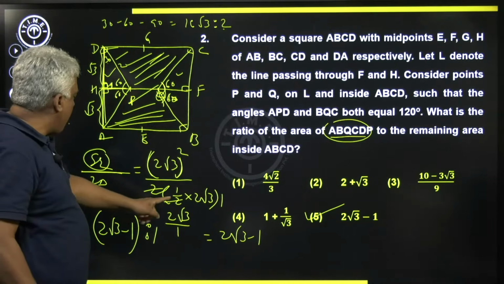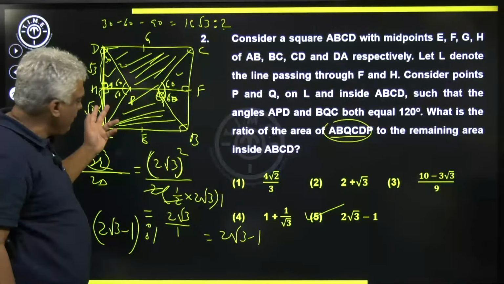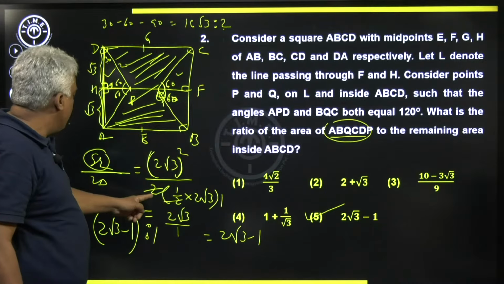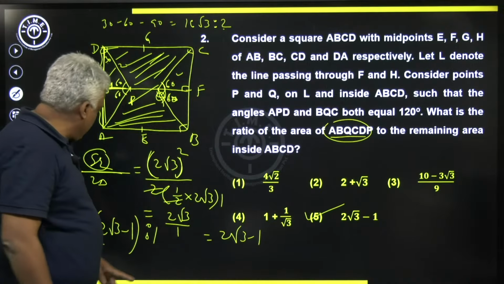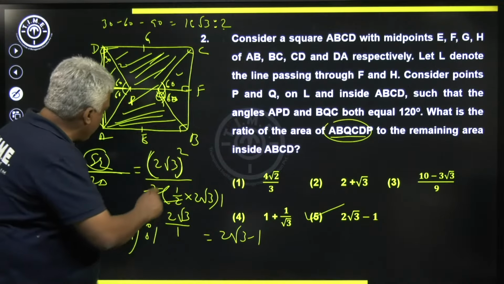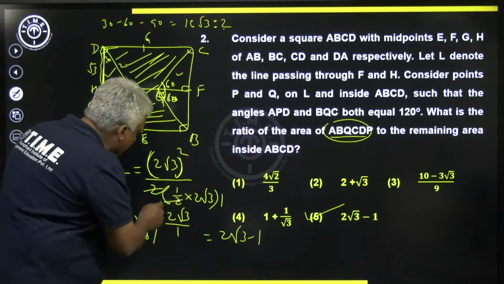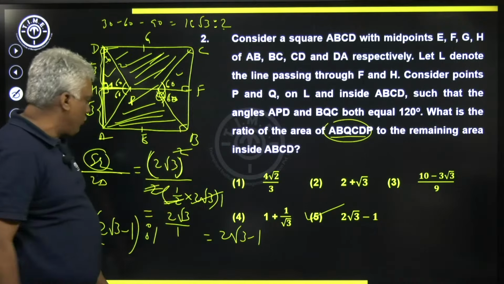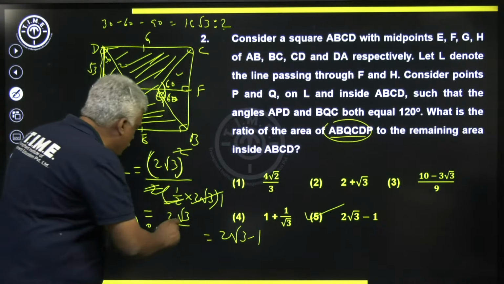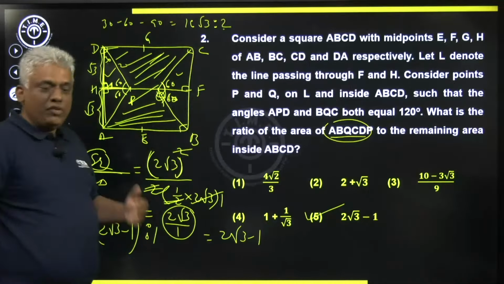That is 2 times half base into height. Both triangles are equal in area, right? They're congruent basically. 2 into half, base is 2 root 3 and height is 1. So this 2 got cancelled, and this 2 root 3 got cancelled with this 2 root 3. So we got 2 root 3 by 1. So we got the ratio.